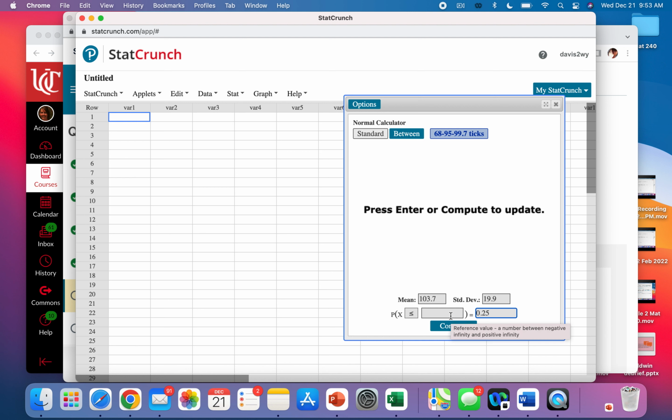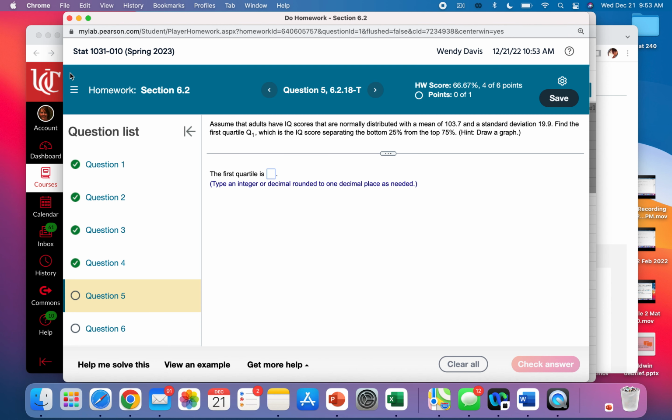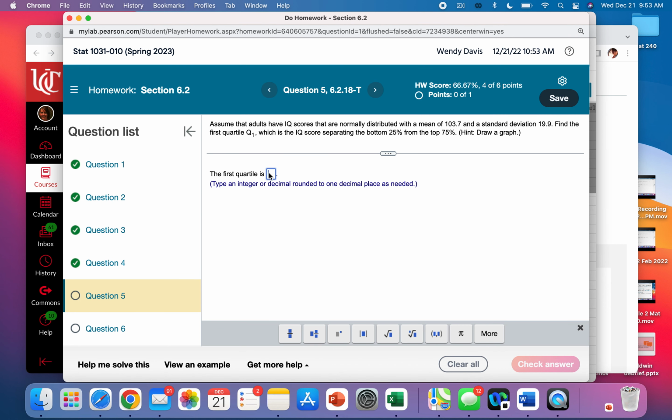We're trying to find the actual value. 90.277, to 1 decimal place, 90.3. What that means is 25% of people have an IQ less than 90.3.